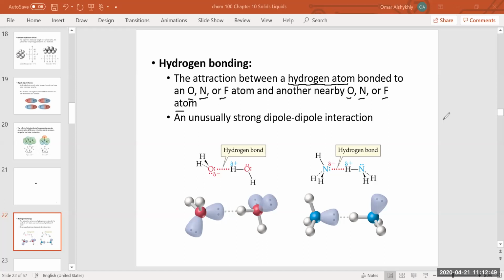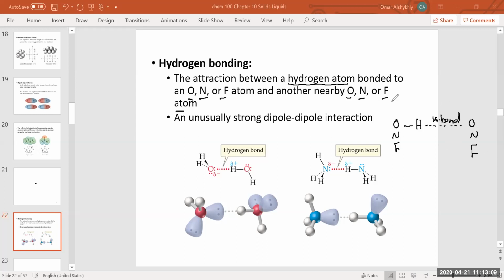So it's supposed to be hydrogen bonded to either oxygen or nitrogen or fluorine and form a hydrogen bond. This is the H bond, hydrogen bond, with either oxygen or nitrogen or fluorine.